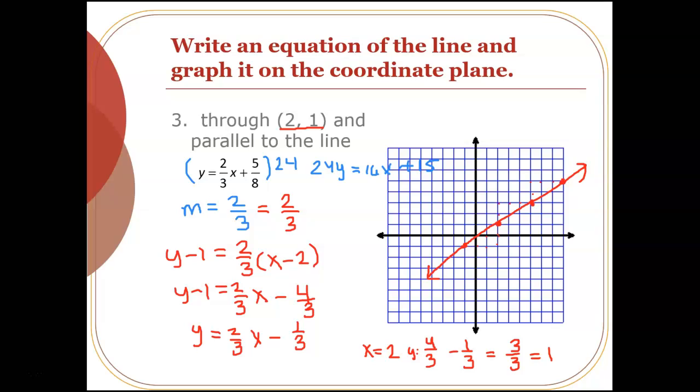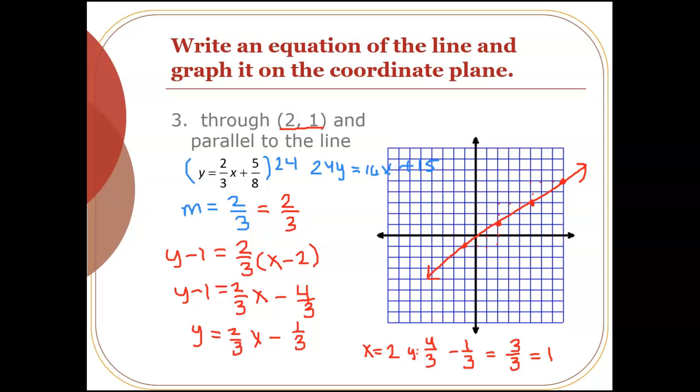You could also keep it in slope-intercept form. You could have divided everything by 24, which would give you equations that are nice and neat. In this case, there are really not very many numbers that are going to give you nice points.